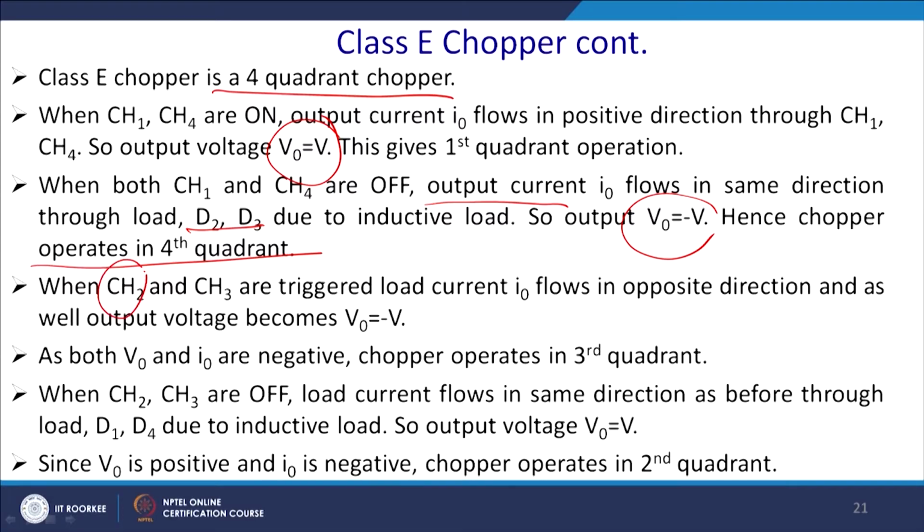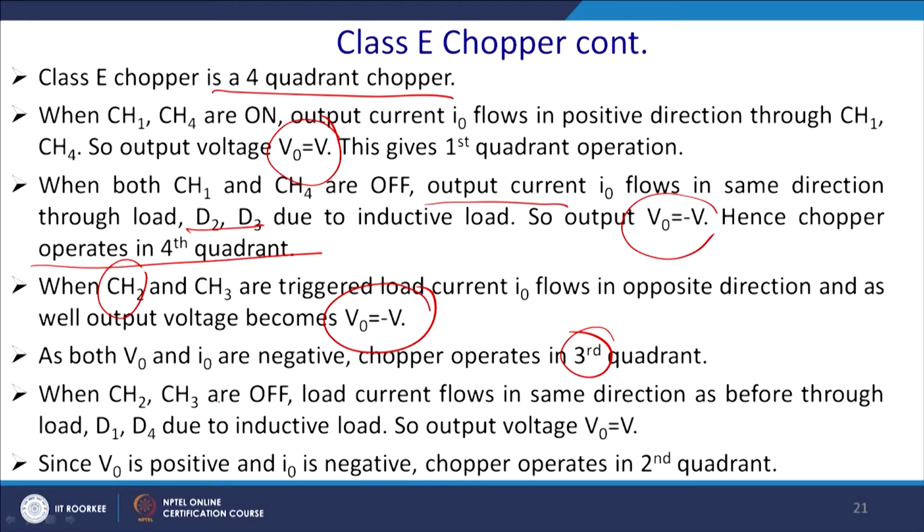When CH2 and CH3 are triggered thereafter, the load current I0 flows in the opposite direction and the output voltage also becomes negative and the motor will start operating in the reverse direction. So, both V0 and I0 are negative, and the chopper operates in the third quadrant.